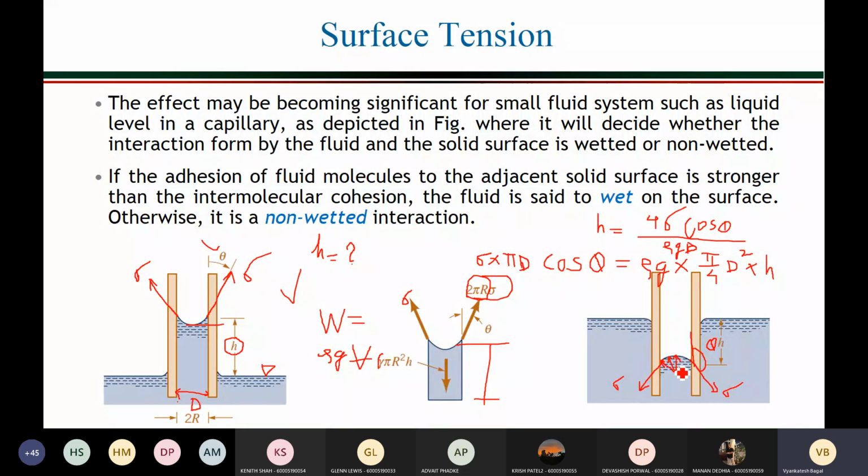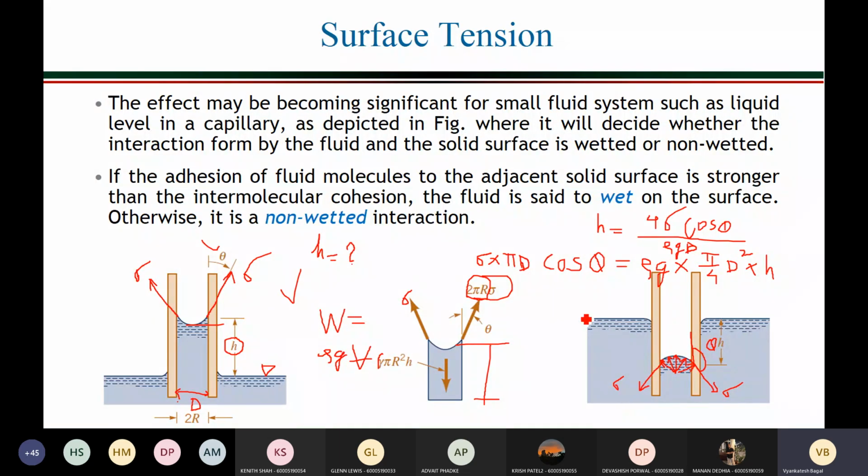Pressure is acting everywhere. I am just showing it for understanding purposes. So the pressure force exerted at this level is balanced by the vertical component of surface tensile force.